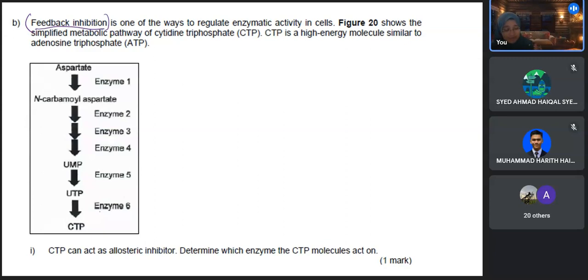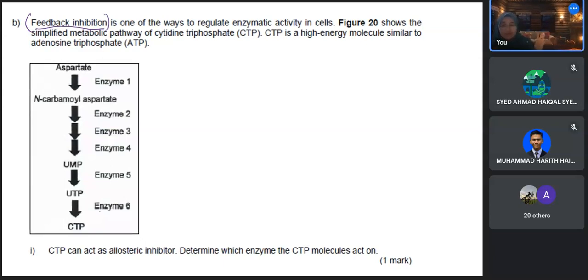Alright. So the keyword that you want to look at here is feedback inhibition. For the concept of feedback inhibition, you have a series of reactions that involves many enzymes and many intermediate products until you form the end product. The end product is the CTP molecule.